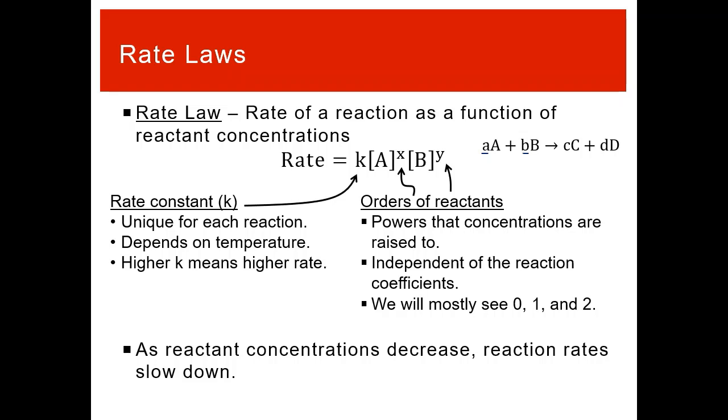Reaction coefficients have nothing to do with this here. For now, the orders can be fractions or decimals, but most of the time they're going to be low whole numbers. The most common orders that we will see are 0, 1, or 2.